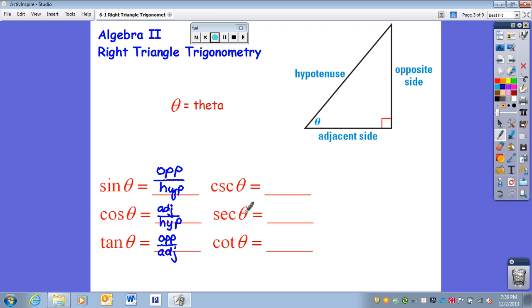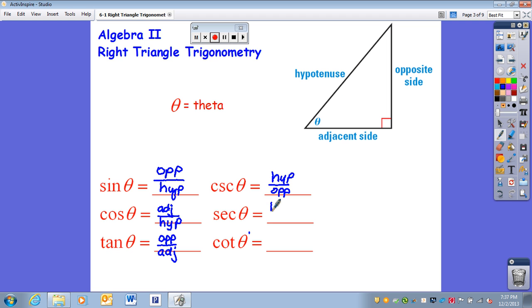The cosecant, secant, and cotangent are simply the reciprocals or inverses of sine, cosine, and tangent. So cosecant is the inverse of sine, and that is the hypotenuse divided by, or compared to, the opposite side.